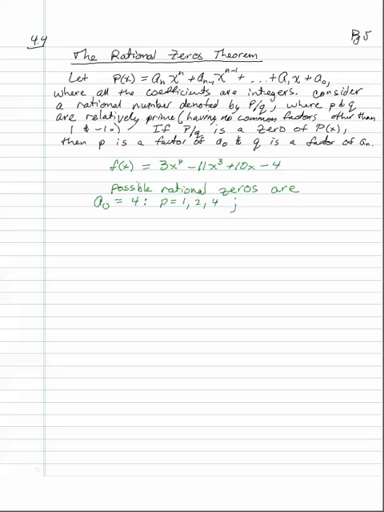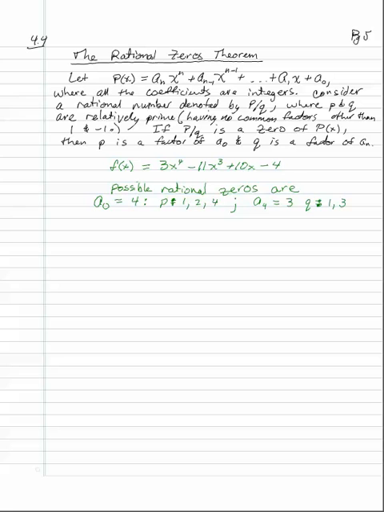And then a sub n, which in this case is 3, is going to be our q, the bottom number, and the factors of q are, I should put colons here, equals, right? So q could be 1 or 3.